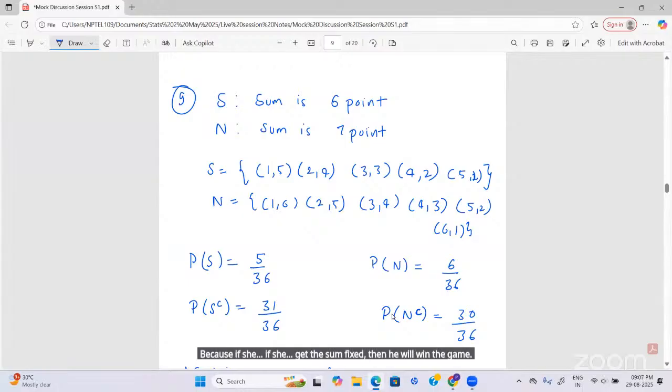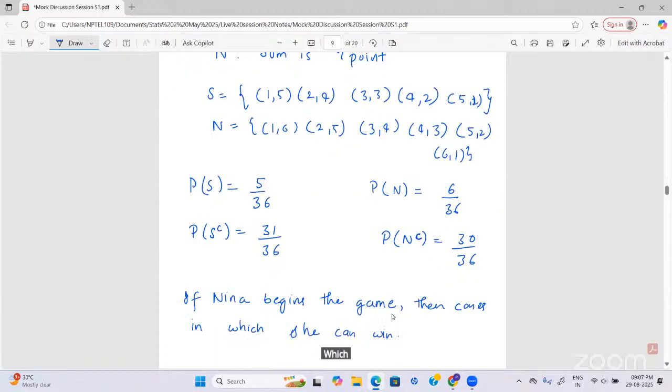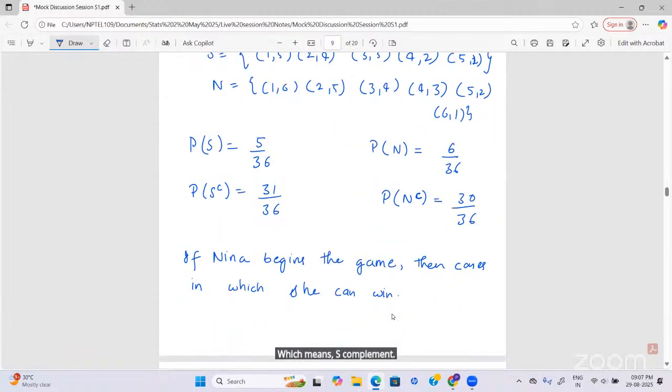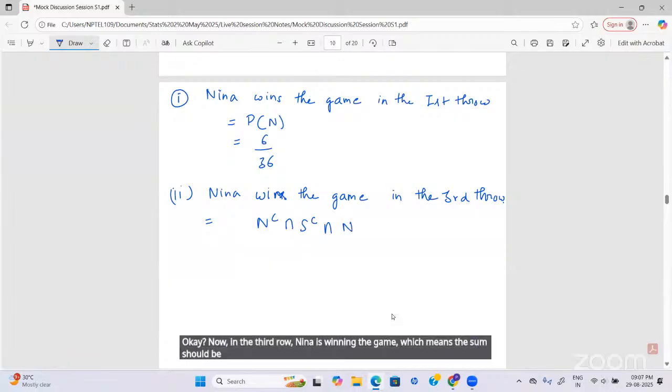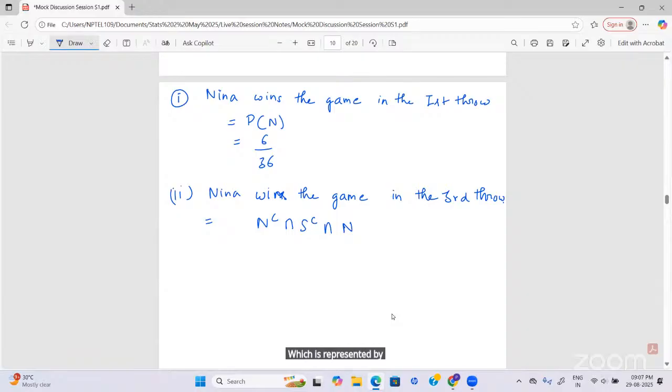So in the second chance, Sam will not be getting the sum as 6, which means this event is represented by S complement. Now in the third throw, Nina is winning the game, which means the sum should be 7, which is represented by N. So this is the event.